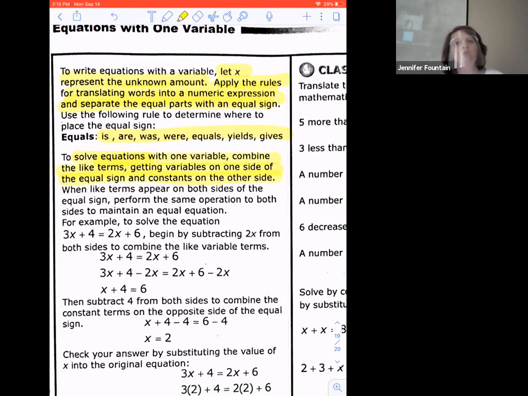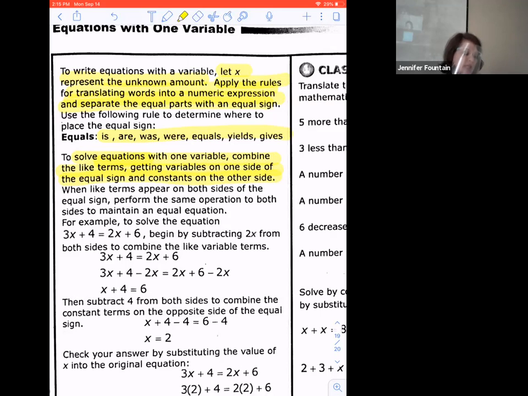Constants are numbers by themselves. If I have a number and a variable together, I call that number a coefficient. So like if I have 3x, the number 3 I would call a coefficient because it's with the variable. But if the number 3 is by itself, I call it a constant. Okay, so when we're dealing with these, you may hear me talk about a constant, a coefficient, and a variable. And that's how you know what the difference of those are.